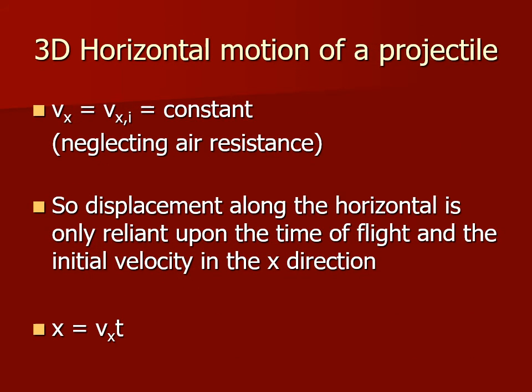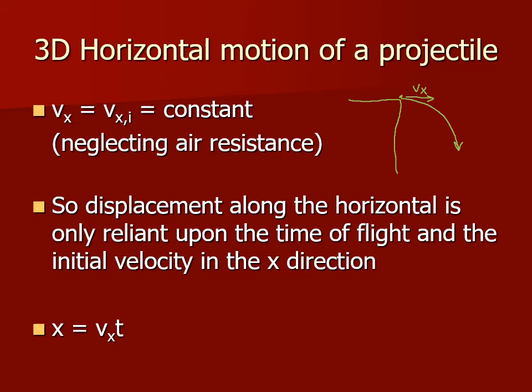Okay, 3D, what about the horizontal motion of that projectile? Here again, because I love drawing cliffs, they're so easy, right? There's my cliff, here's my rock, and there it goes over there. And we're now talking about Vx, okay? And that's going to be constant. So the x velocity, Vxi, is going to be constant.